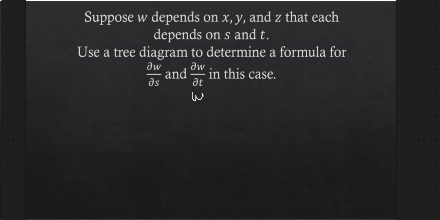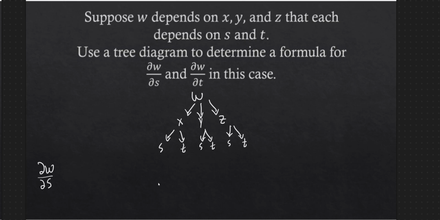So we have W depending on X, Y, and Z, and each of those depends on S and T. If I want partial W with respect to S, what I can do is follow every chain that ends in S, starting at W and ending at S, this one, this one, and this one. And then move down the chain.